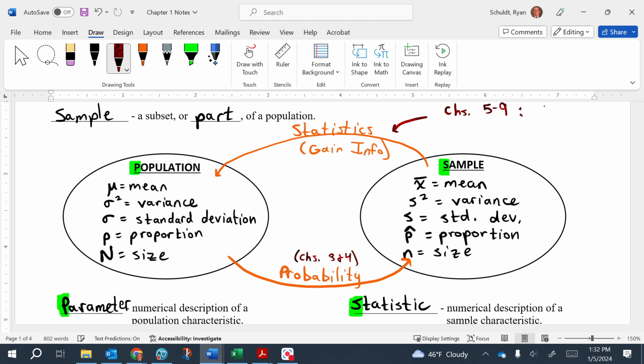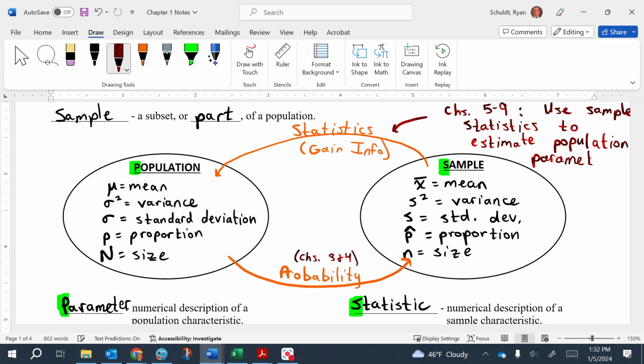So we're going to use sample statistics to estimate population parameters. We'll actually start a little bit of that before spring break.